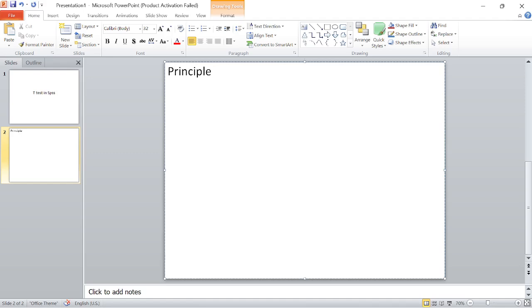This principle one is basically for SIG. Now, you must understand that SIG is the same thing as the P value.